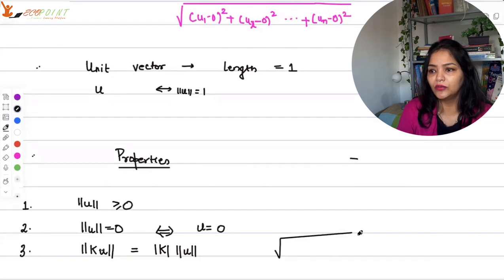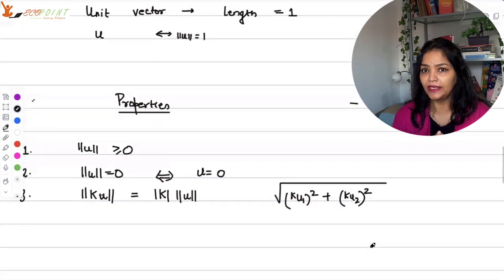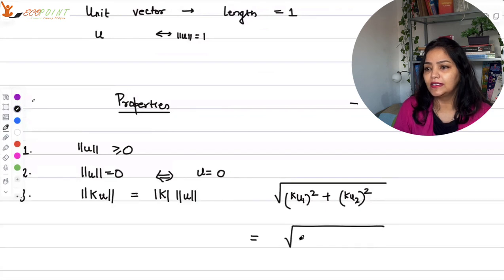Suppose we are in R2. So the length of ku means that I have the square root of (ku1) square plus (ku2) square. Now, of course, k could be negative. We are not saying that k has to be positive. So what happens is k square could come out common, and then you have u1 square plus u2 square.